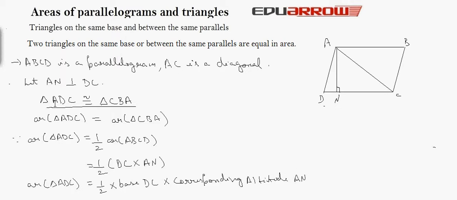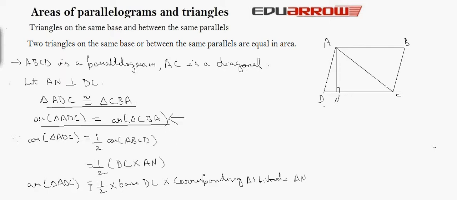So we can conclude from this result that area of triangle ADC is equal to area of triangle CBA, that two triangles on the same base or between the same parallels are equal in area. We have proved here.